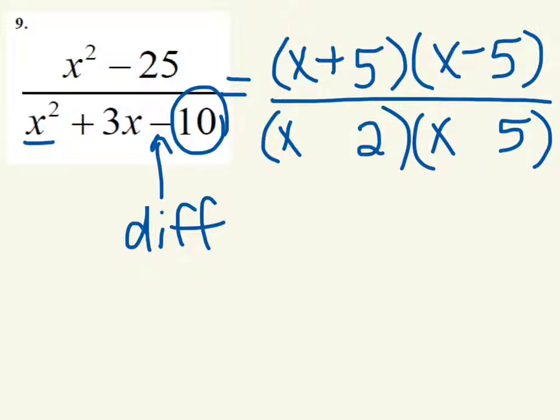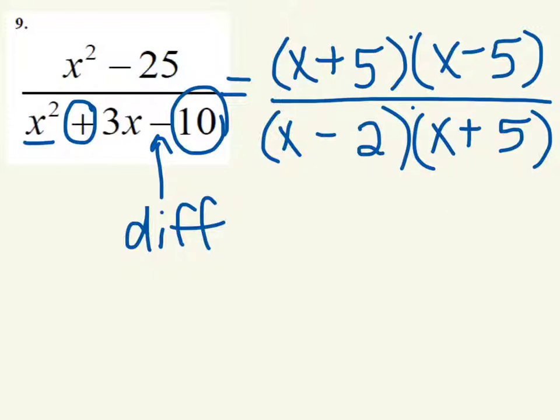And since our middle sign is positive, we want the bigger number or the bigger product to be positive. So I have a binomial of an x plus 5 on top multiplied to x minus 5. On the bottom I have a binomial of x minus 2 times x plus 5.